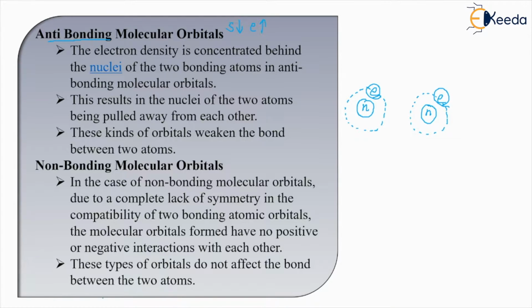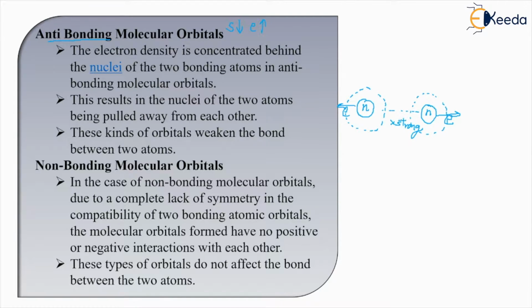Now let me show the scenario of anti-bonding. What happens in anti-bonding? I'll just erase these electrons from here and place them in the opposite direction. One electron will be over here, one electron over here. But the electrons are behind the nucleus. After that also, if at all a weak bond is being made, this bond is not strong.